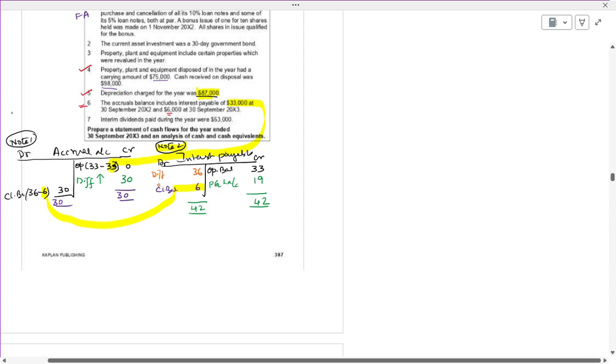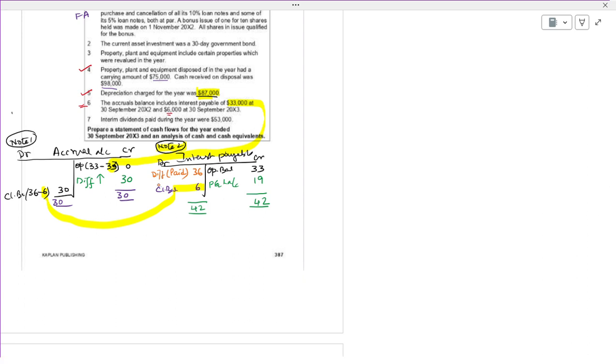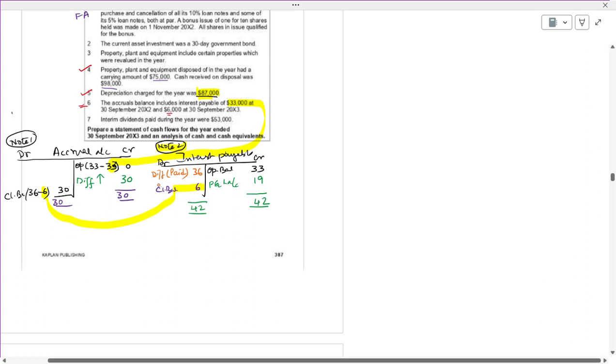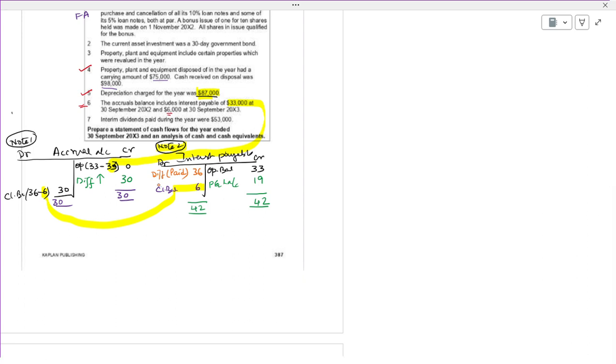Anything on the debit side, what happens? It has been paid. If it is on the credit side, liability increases. If it is on the debit side, liability is decreasing.